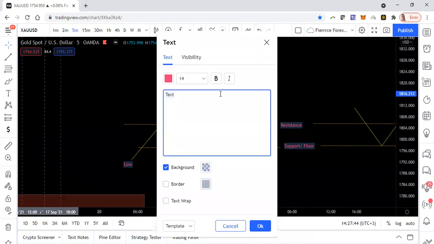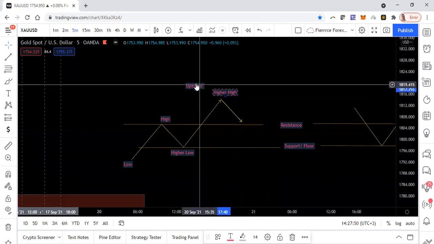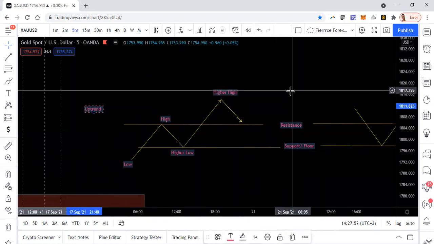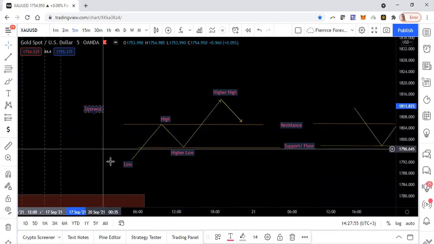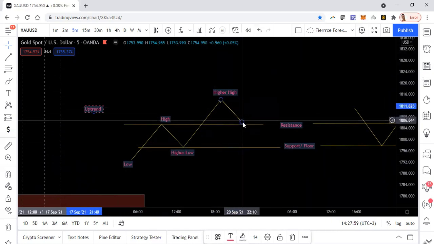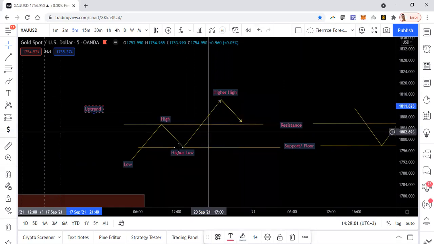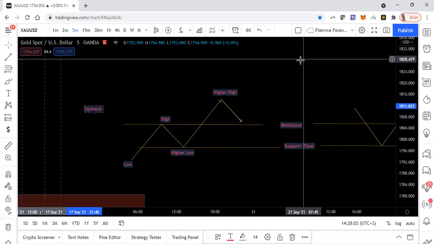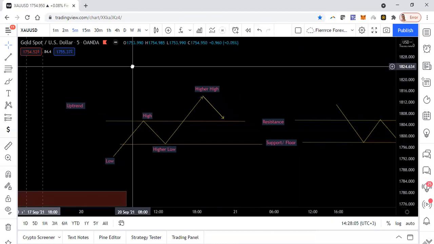So this one, we'll call it the higher high. So that's basically what keeps on happening with price on and on as it's pushing up. It moves from a low to a high, to a higher low, to a higher high, to a higher low, another higher low that is higher than this higher low, and onwards in continuation.